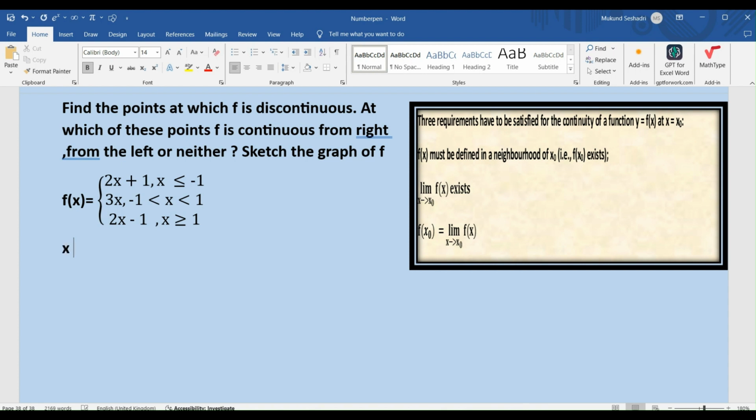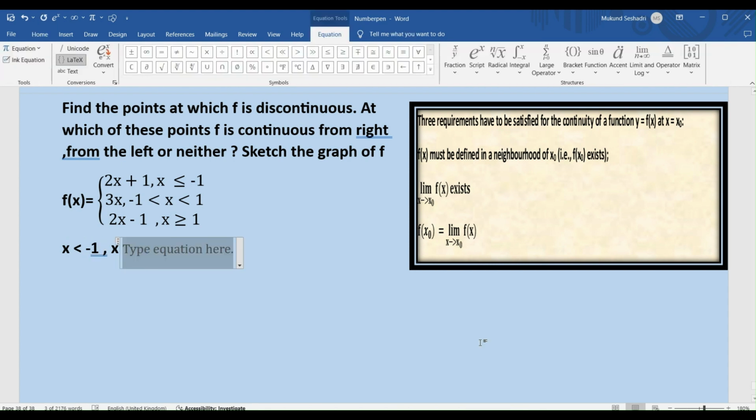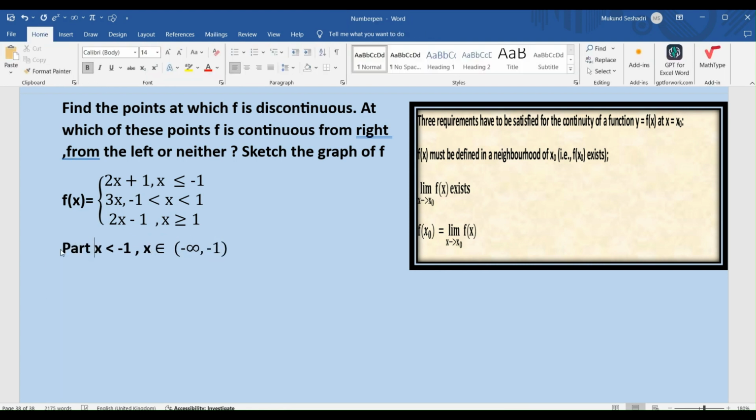So our first part is x less than minus 1, which means that x belongs to the interval minus infinity to minus 1. So let's pull that out and call it part 1.